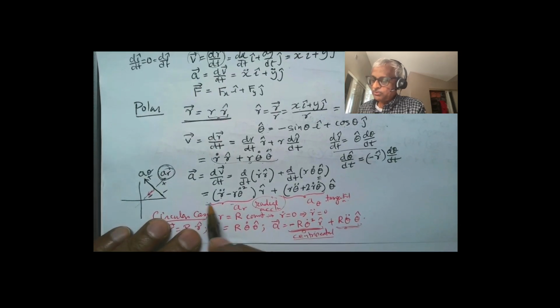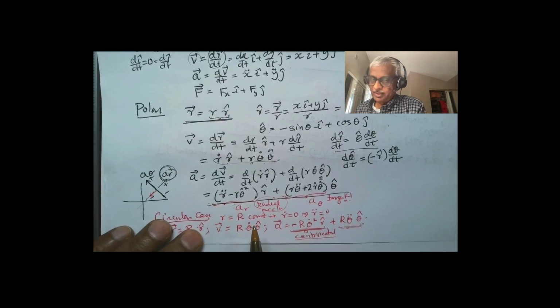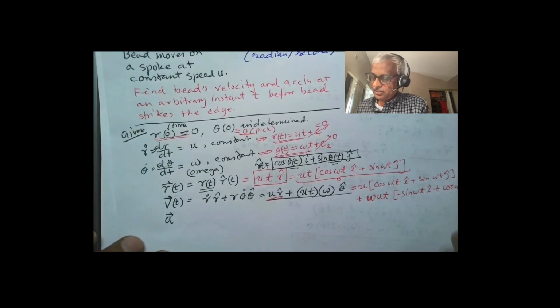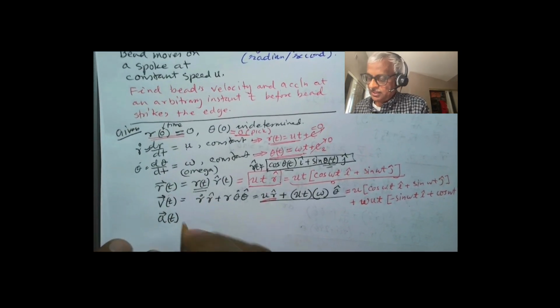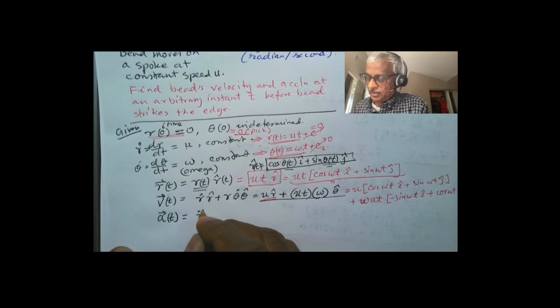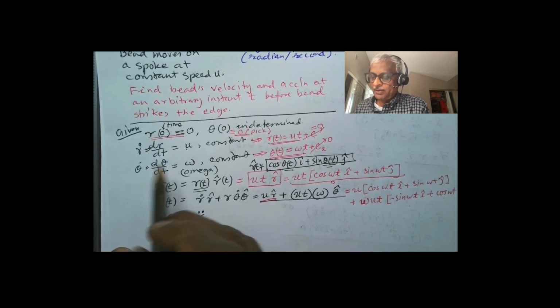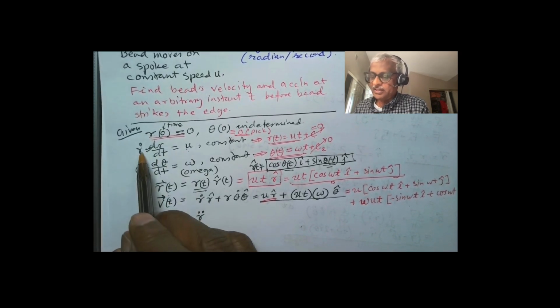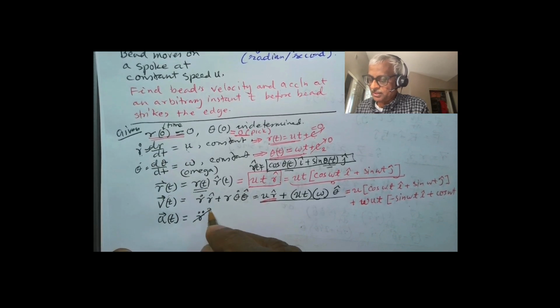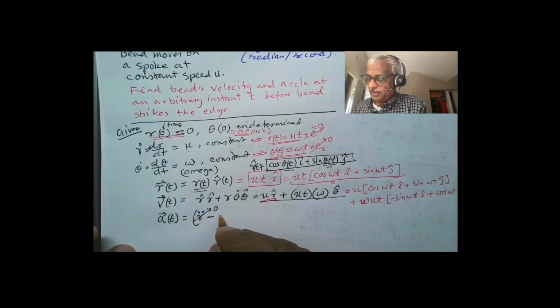So here we'll go back to the full version, and we will see how far it goes. The acceleration at instant t is r double dot. Now, since r dot is constant, r double dot will be 0, so this will be 0, minus r theta dot square.